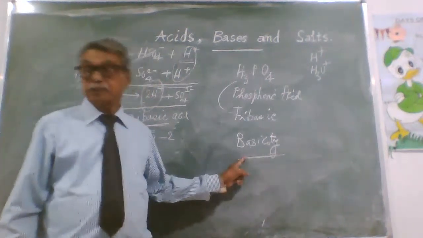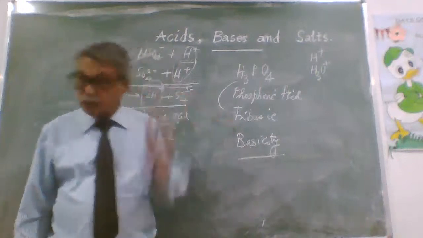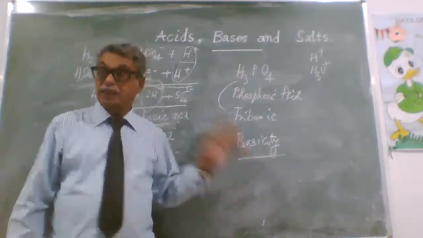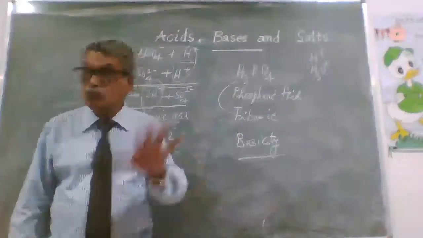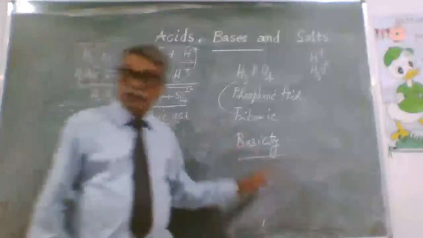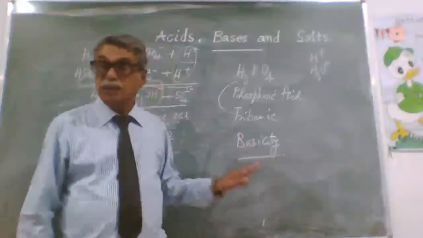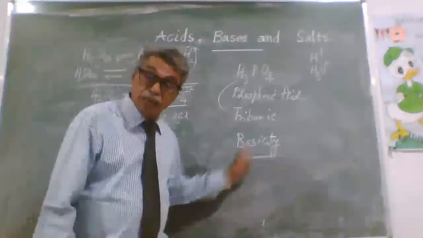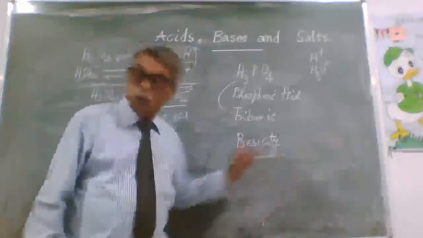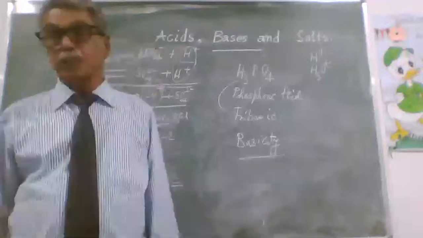Basicity of an acid is the number of hydrogen ions one molecule of the acid can give when dissolved in water. Basicity of an acid is a number showing how many hydrogen ions or hydronium ions one molecule of the acid can give. You get it?